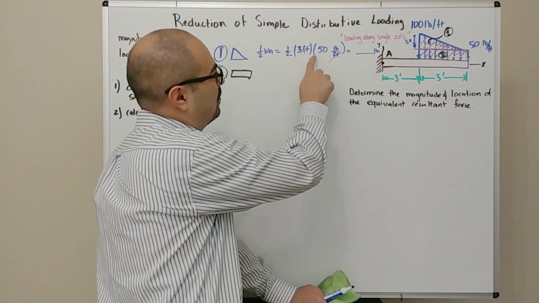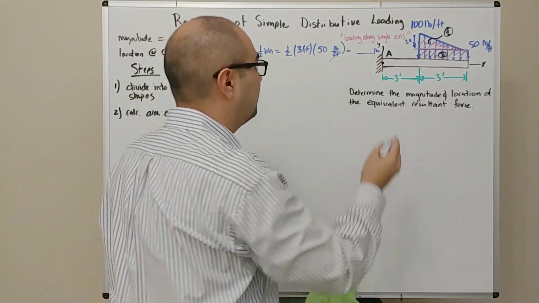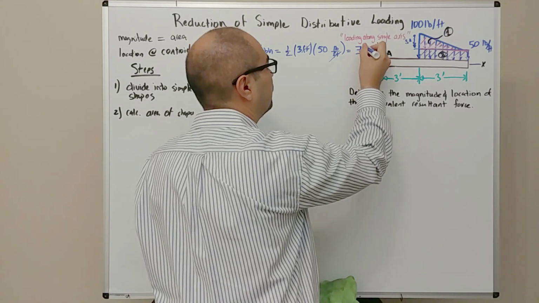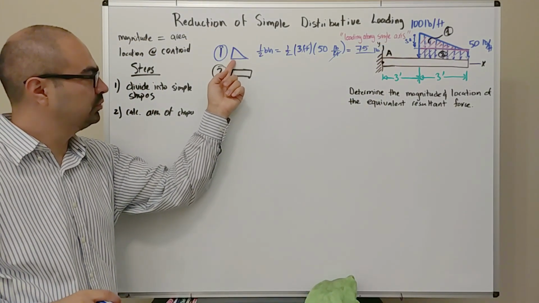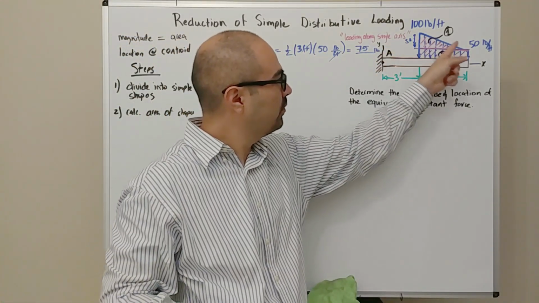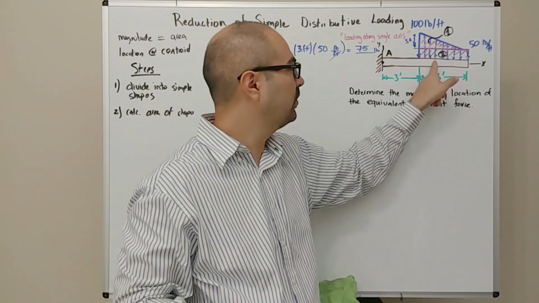So 1/2 of 50 is 25, multiplied times 3 is 75. So what this means is that this distributed load that has the form of this triangle is putting 75 pounds of force on this beam.